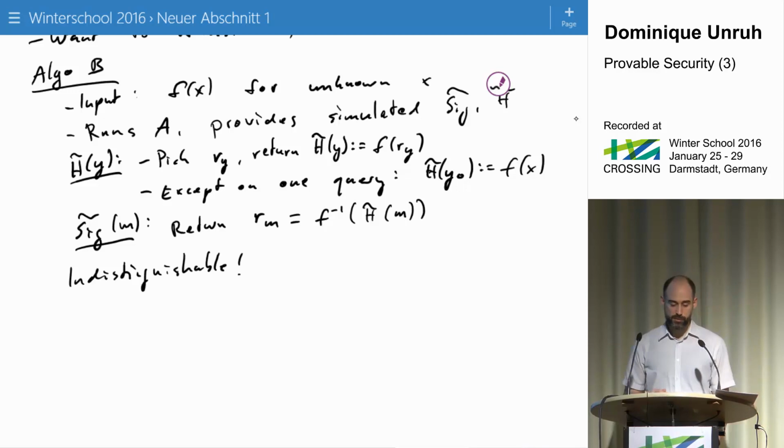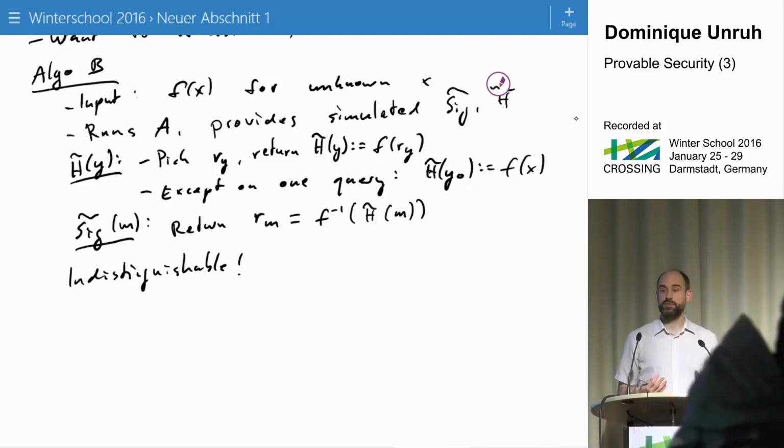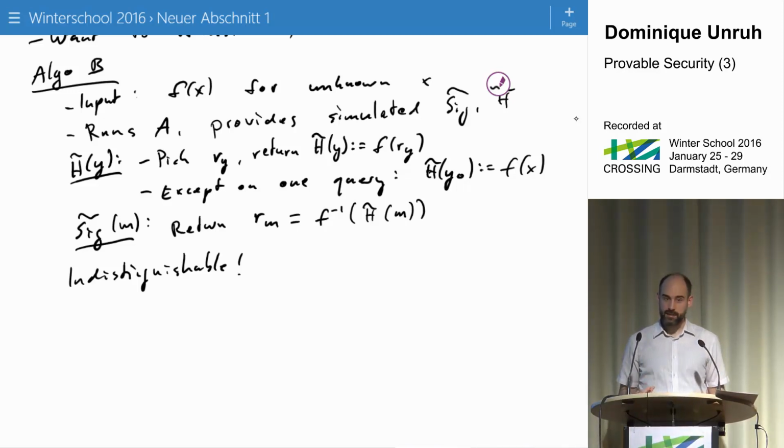So this is indistinguishable because we chose our oracles to nicely mimic, to use the same distributions as the original oracles. However, now the algorithm B has extra information that is useful for it.